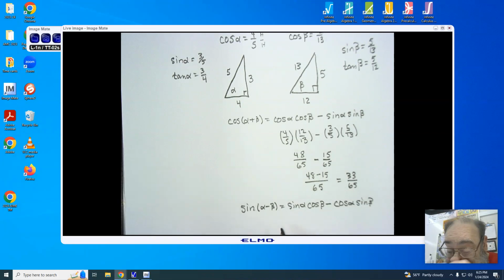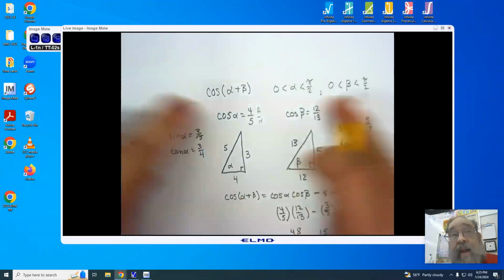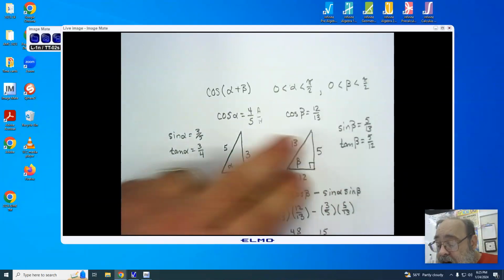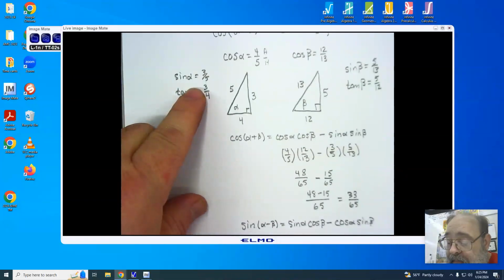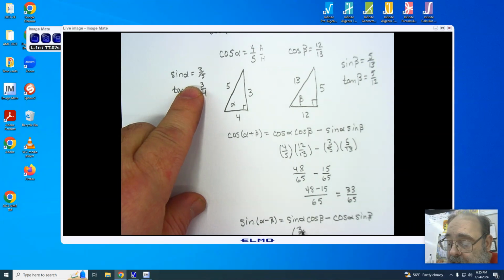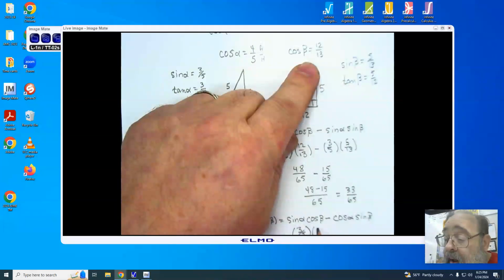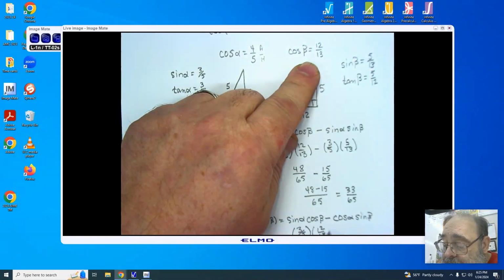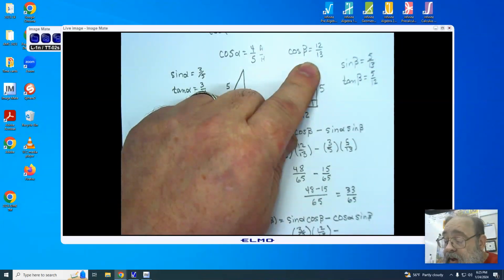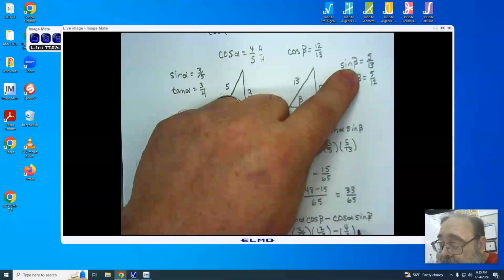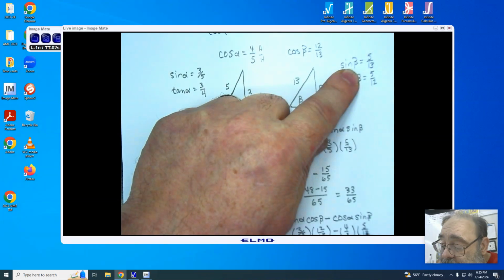Doing a direct substitution with the information that we have here, I'm going to be replacing my sine of alpha with 3/5. I'm then going to replace my cosine of beta with 12/13, minus the cosine of alpha is 4/5, and the sine of beta is 5/13.